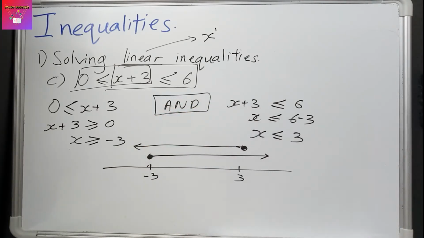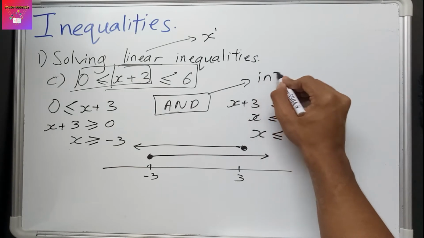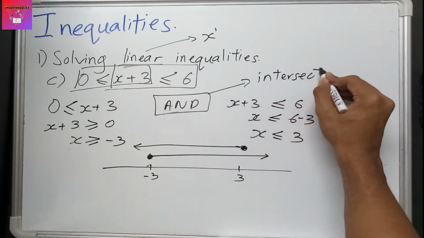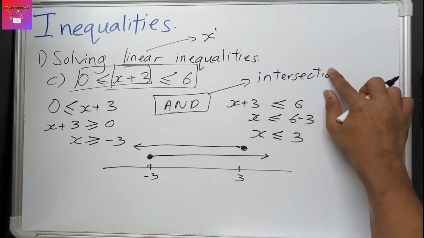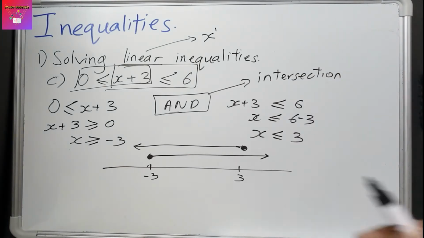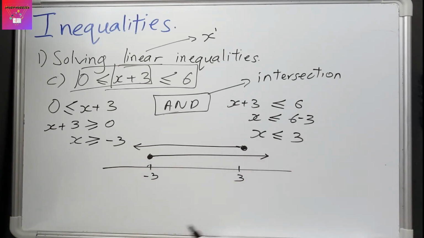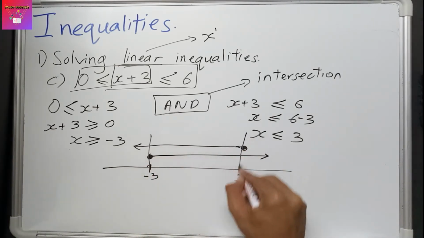How do we determine the range of value x? So since we see the word and, it means intersection. To know more about and or, please watch my video on sets. Okay, so and means intersection. So now we have to find the intersection of both number lines, which is this part.